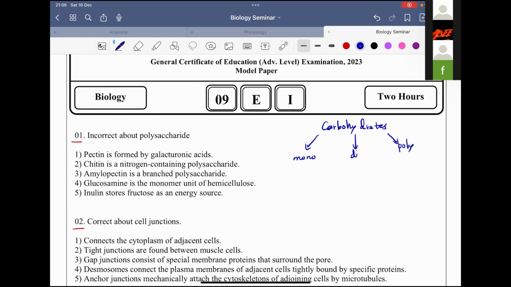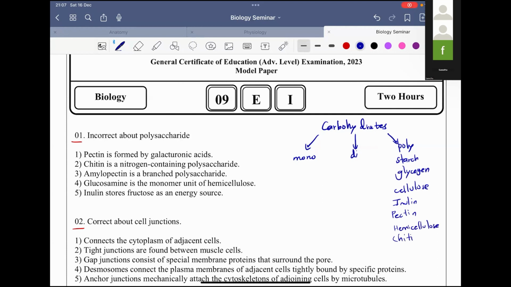Pectin is formed by galacturonic acid. So it is mostly about the monomers. There are many types of polymers, but here we will go through a quick revision on the monomers. You should know the polysaccharides: starch, glycogen, cellulose, inulin, pectin, hemicellulose, and chitin.